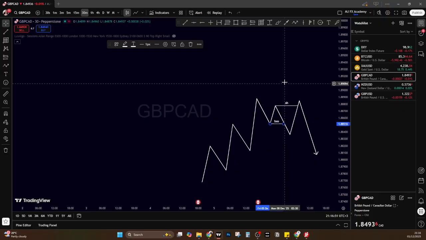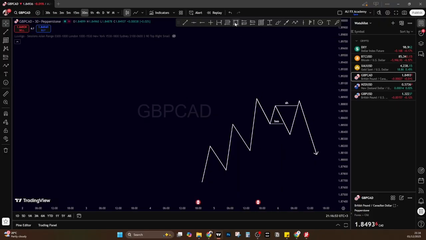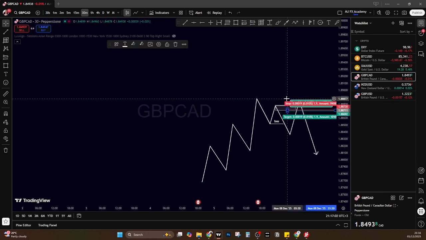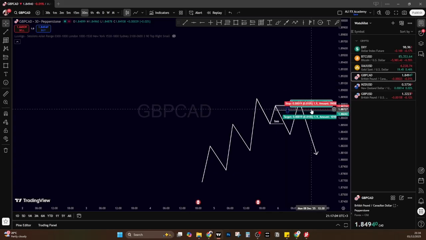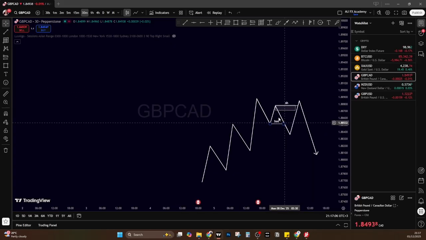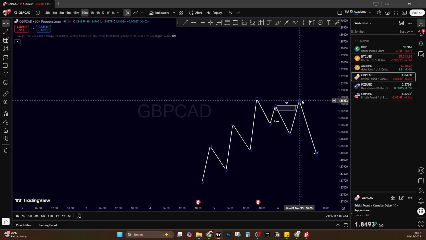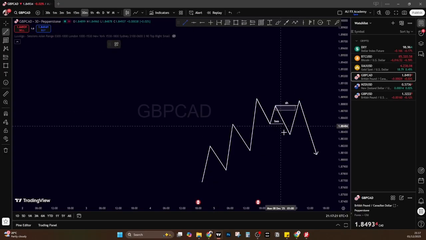That's what we call a BOS. Now most traders will come and put their sell orders here, because they will say that this is the order block that broke the structure. So they will want to continue selling from here, but the market will come, take them out, and then break another structure here.